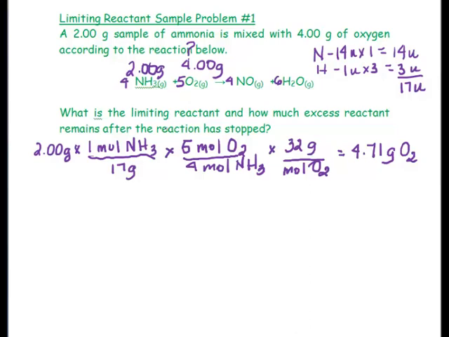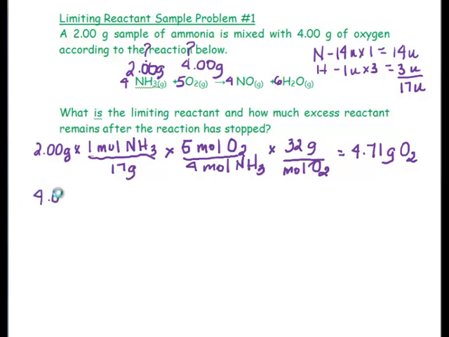Well, we've identified our limiting reactant, which is the first thing that we're asked for. Then it says how much excess reactant remains after the reaction has stopped. What I'm going to do now is start with my 4.00 grams of oxygen, and I'm going to put a question mark now over the ammonia. And so here's what that problem is going to look like.